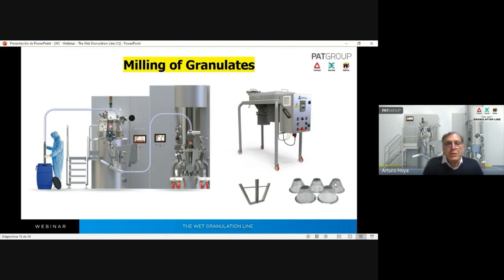So we need to reduce this wide distribution of wet granules, and so we need milling in order to narrow this distribution. And the milling can be done on the wet granules with a mill in line between the granulator here and the fluid bed dryer, as you can see here.